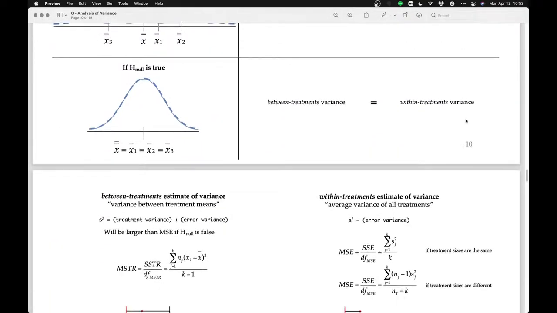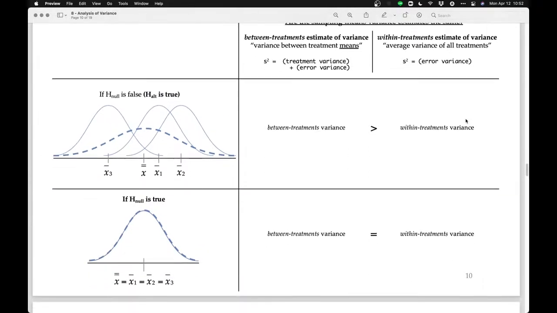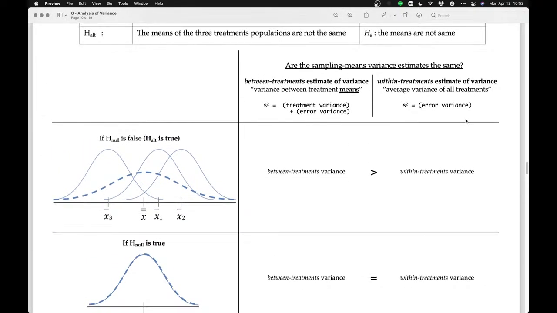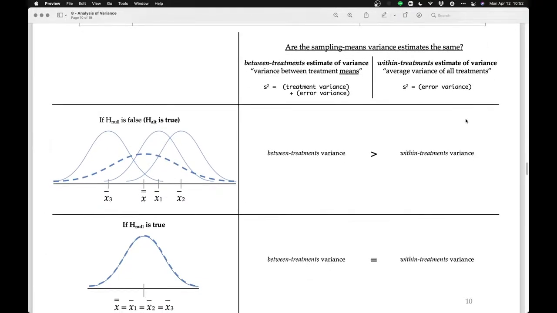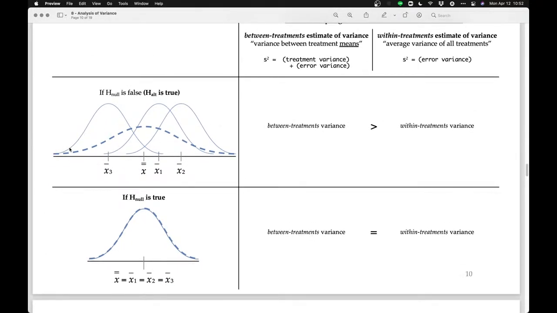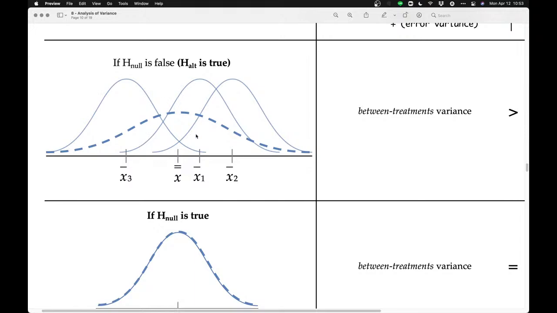I've got a couple more slides just explaining the same thing again and again. So essentially it's asking this question. You've got three samples, each from a different treatment, and they have an overall distribution that looks like this, let's say.